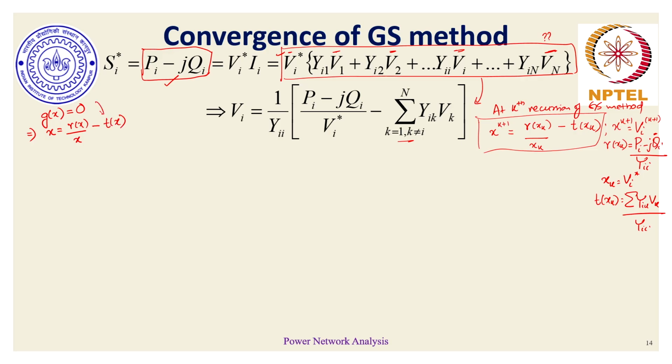This is the reoriented form of the g of x expression, where g of x refers to the two equated boxes over here.